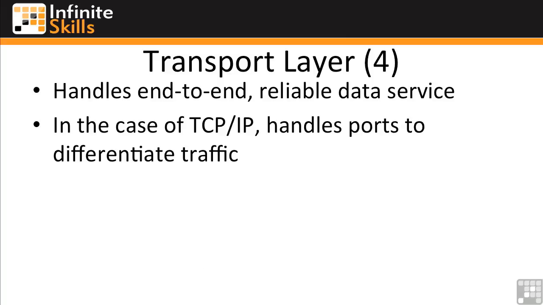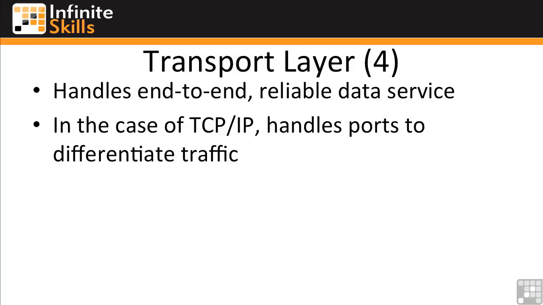And the transport layer handles end-to-end reliable data service. In the case of TCP/IP, it handles ports to differentiate traffic. UDP and TCP both have this concept of ports. So in addition to an IP address, you would communicate to a port, and that handles the differentiation between applications.